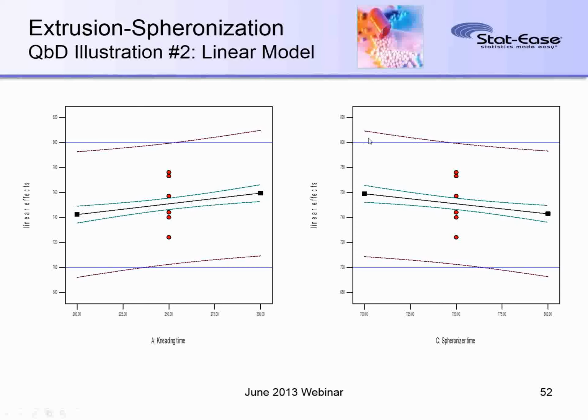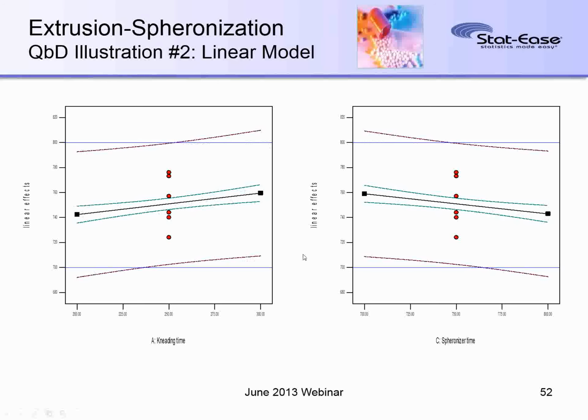Well, as you can see, some of the tolerance intervals venture outside the specifications. On the left-hand side, the upper right and lower left, and on the right-hand side, the upper left and lower right.